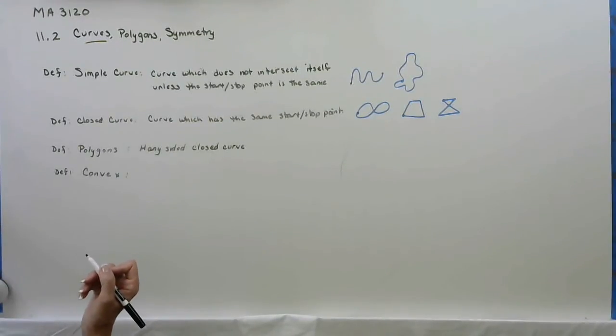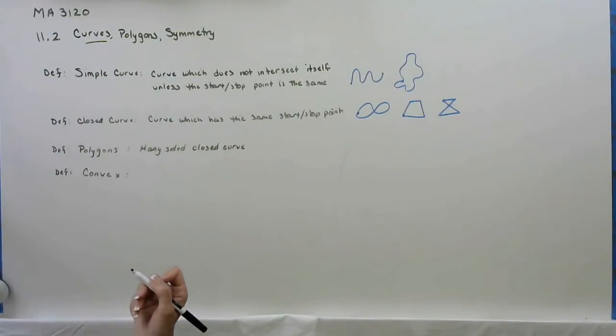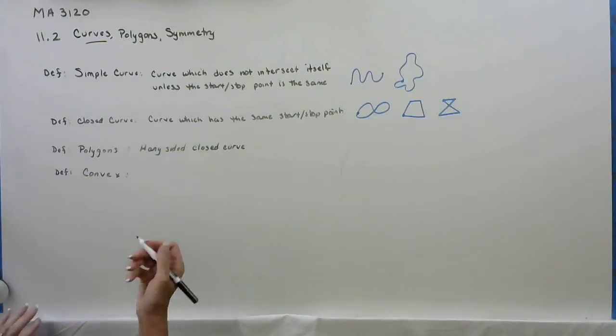So this is a convex polygon. It has many sides, but any 2 points on the interior can create a line segment wholly contained within the figure.